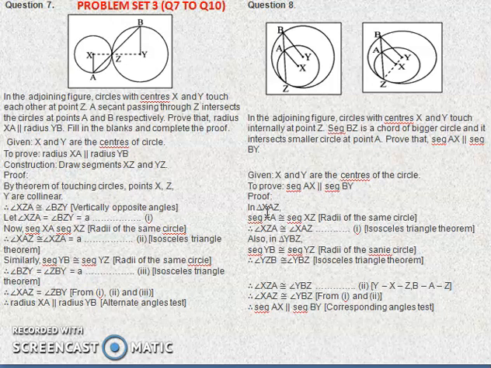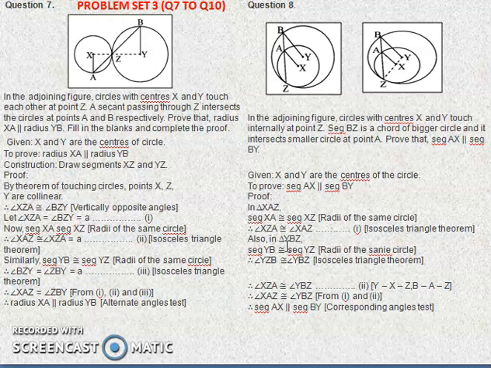So in triangle XAZ, what is there? XA is congruent to XZ, radii of the same circle. These are two sides of the triangle, so the opposite angles will be congruent because of the isosceles triangle theorem.